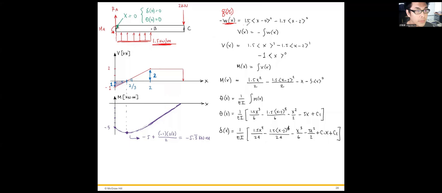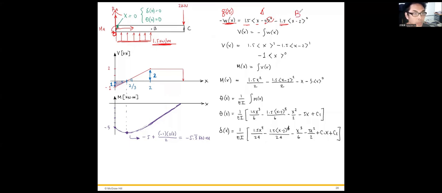It's 1.5, and x minus 0, since we define the coordinate 0 at point A. This is our origin right here. It's to the power of 0, and minus 1.5, x minus 2, which is at point B.